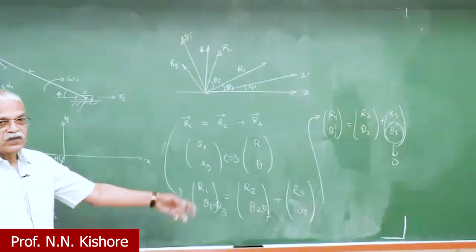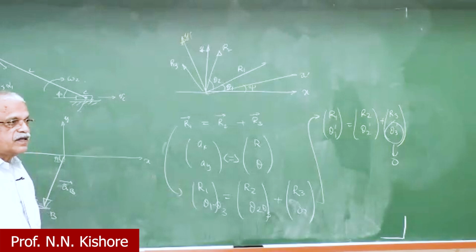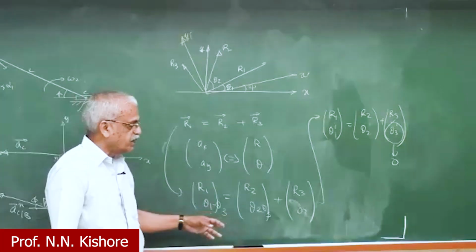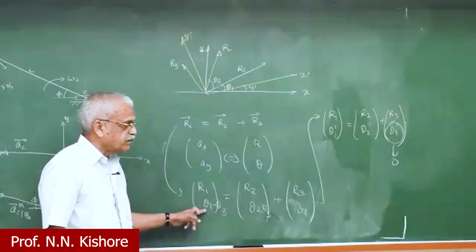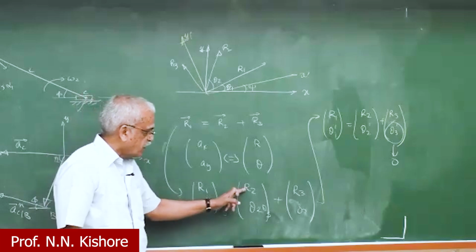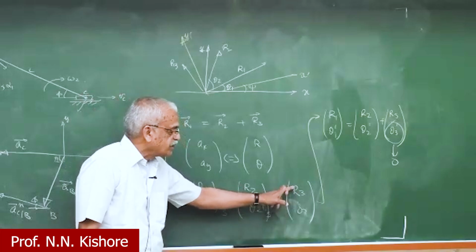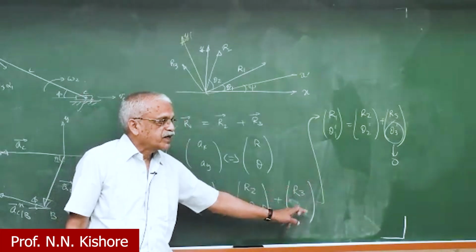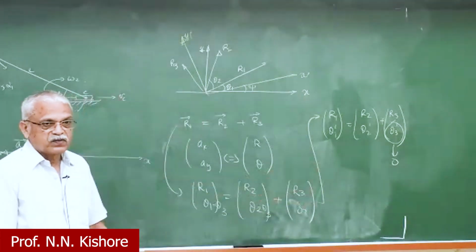Now if you want to make an equation in the y prime direction, what will happen? R1 sin of theta 1 minus theta 3 is equal to R2 sin of theta 2 minus theta 3 plus R3 sin 0. So the contribution of this one will become 0.